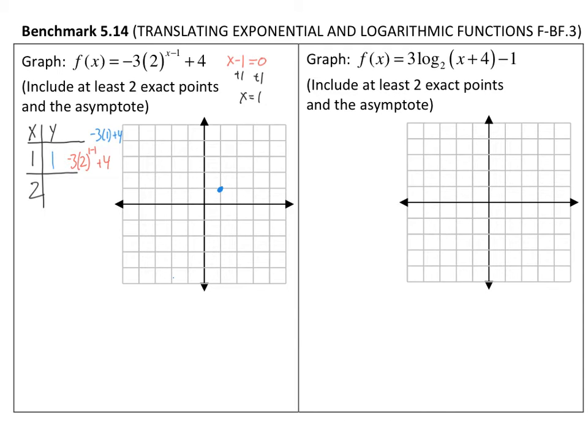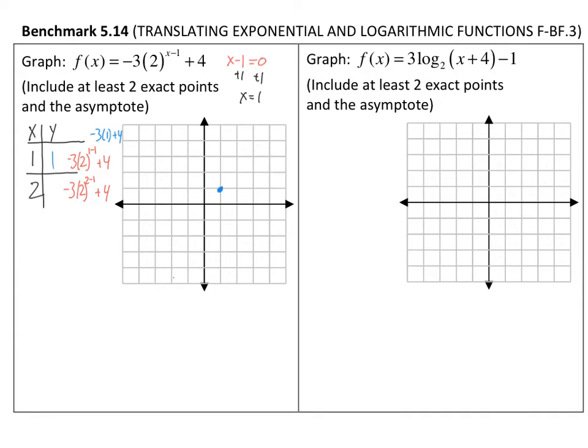Okay, so next what we're going to do is we are going to plug in 2. Okay, so let's see what we got. When you plug in 2, it's going to be negative 3 times 2 to the power of 2 minus 1 plus 4. 2 minus 1 is 1.